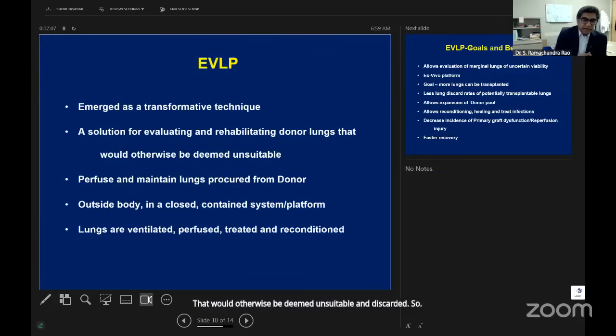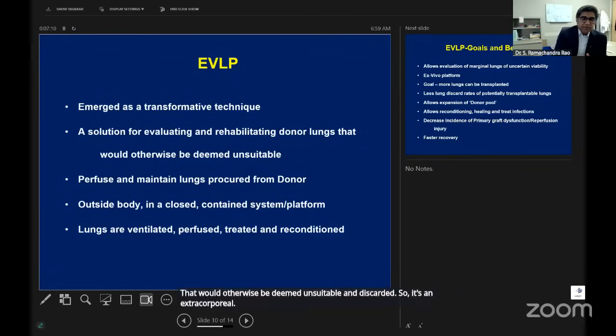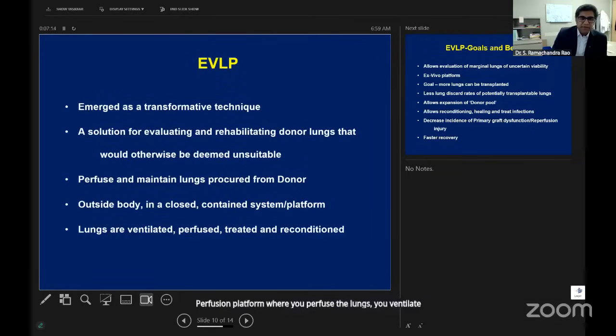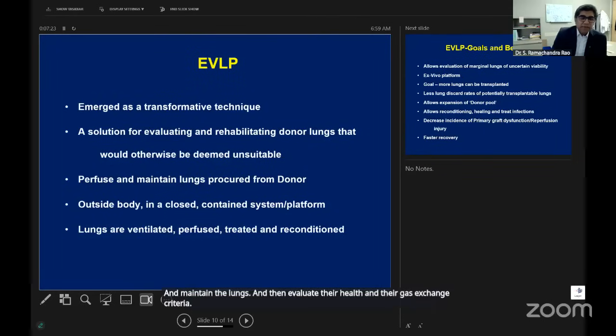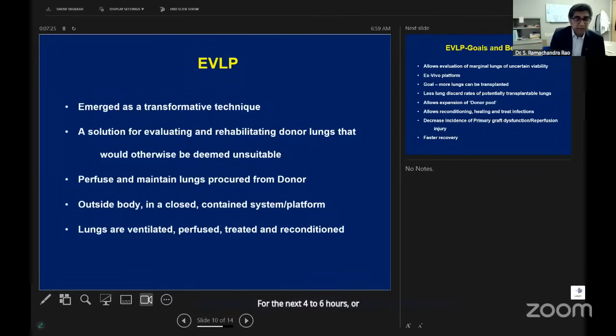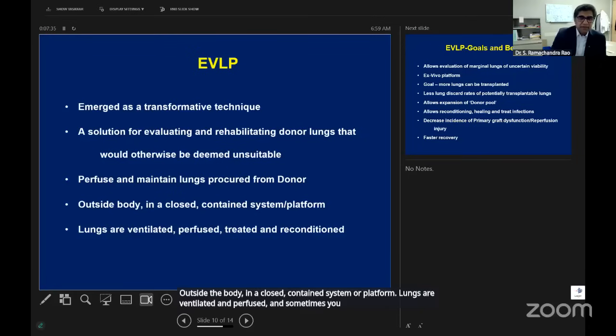It's an extracorporeal perfusion platform where you perfuse the lungs, you ventilate these lungs after procurement, and maintain the lungs, and then evaluate their health and their gas exchange criteria for the next 4 to 6 hours, or even sometimes longer, depending on your experience, outside the body in a closed contained system or platform. Lungs are ventilated and perfused, and sometimes you can even treat them and recondition them.